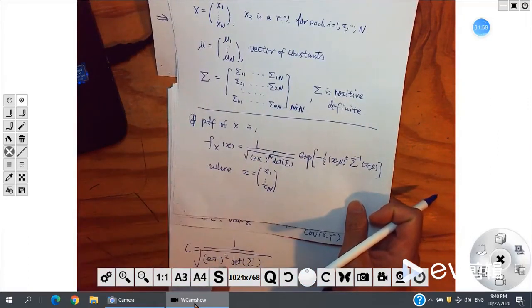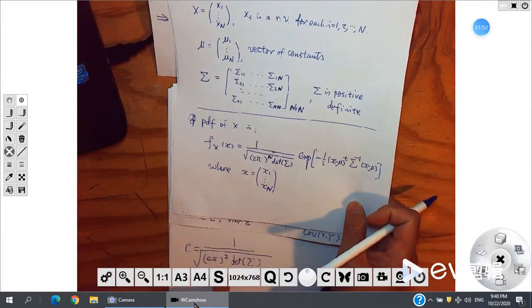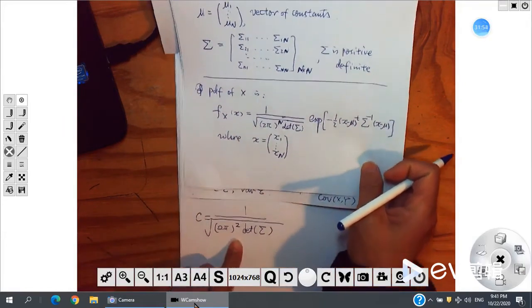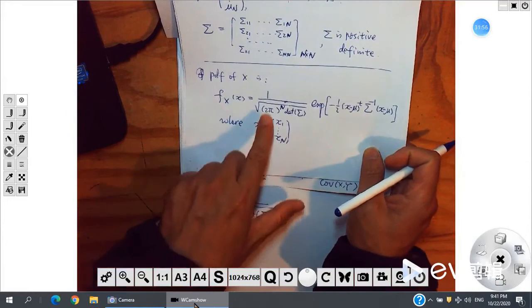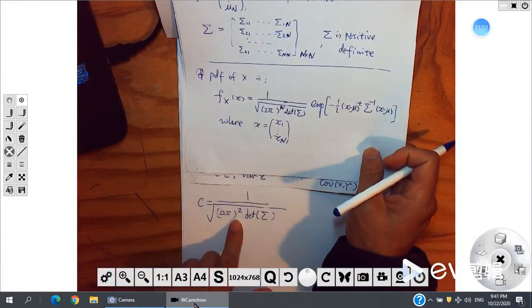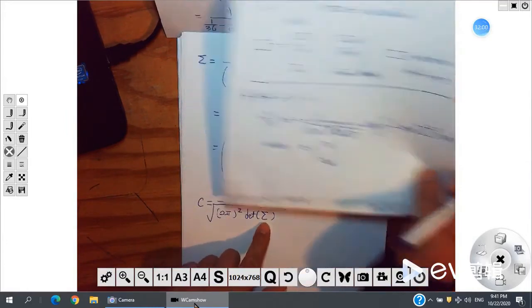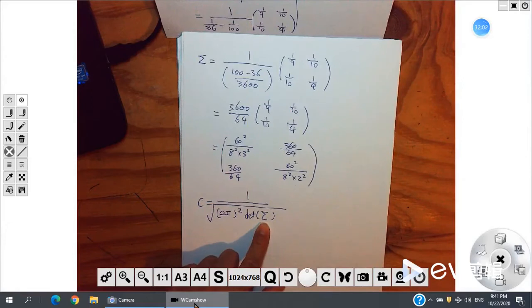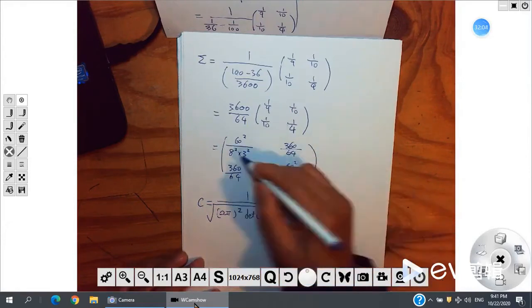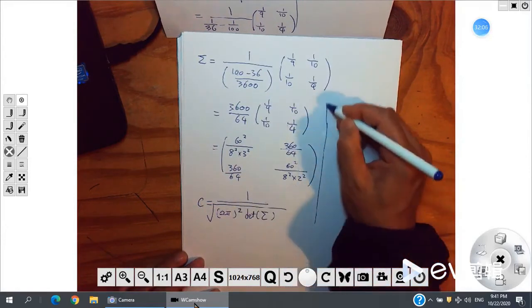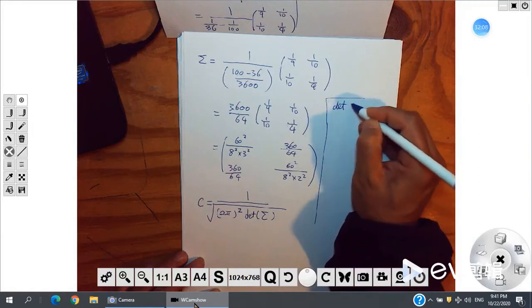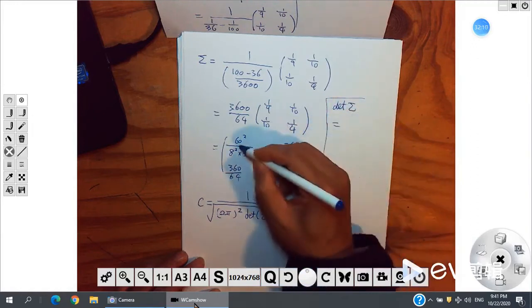Then we need to plug in what is the sigma. Okay, what is the determinant of sigma? I can put it here. Determinant of sigma is equal to this one times this one.